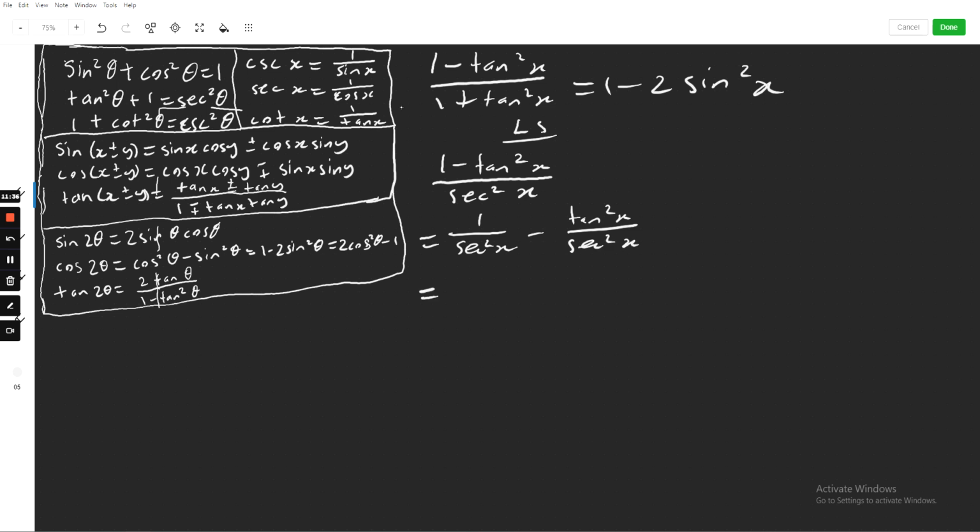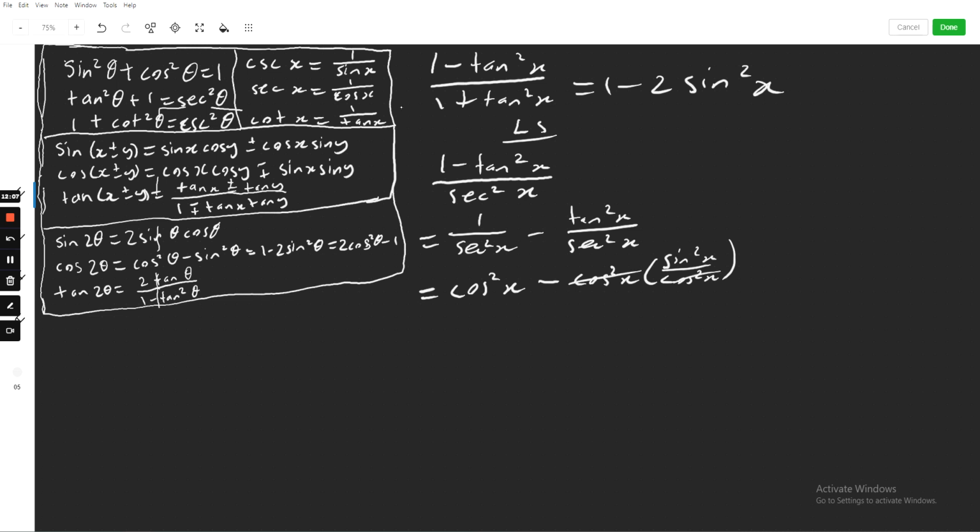We can make the left side, so that'll be 1 over cosine squared x, which is equal to cosine squared x. And then we have minus, we could have, so tangent squared over 1 over cosine squared x. Make this sine squared x over cosine squared x.